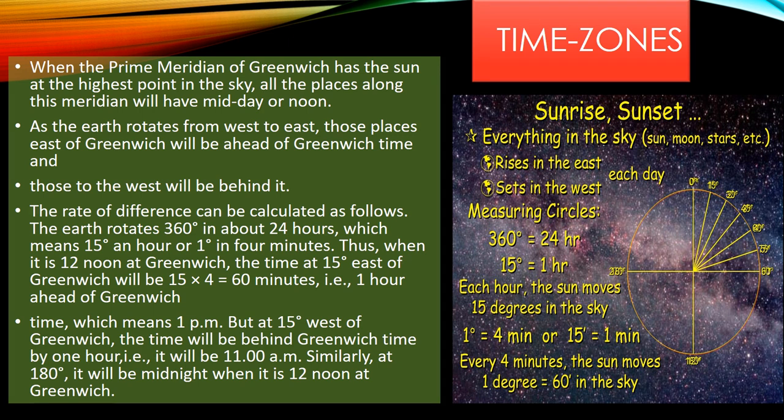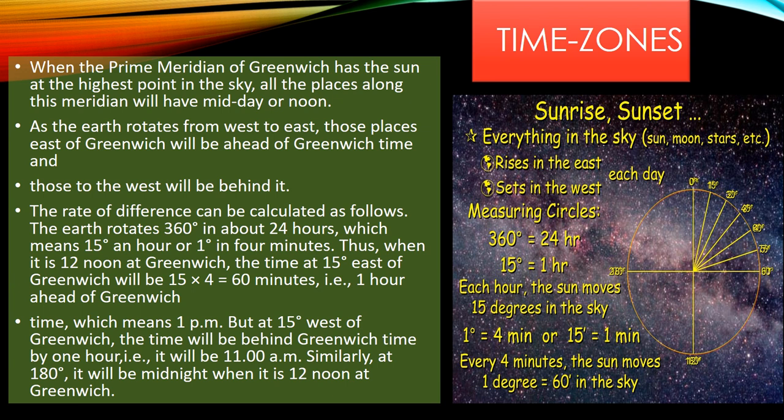As the earth rotates from west to east, those places east of Greenwich will be ahead of Greenwich time and those to the west will be behind it. Because of the rotation, right? It is from west to east.